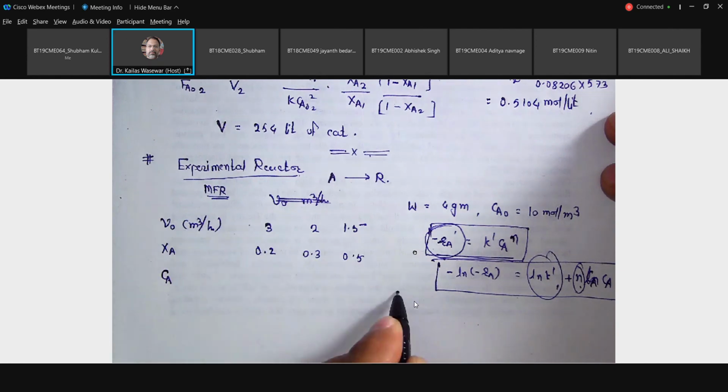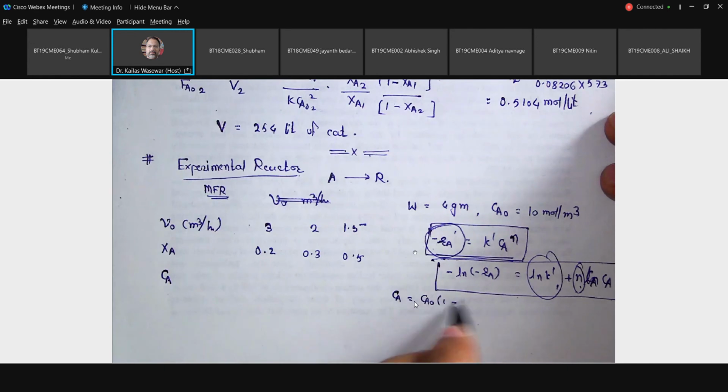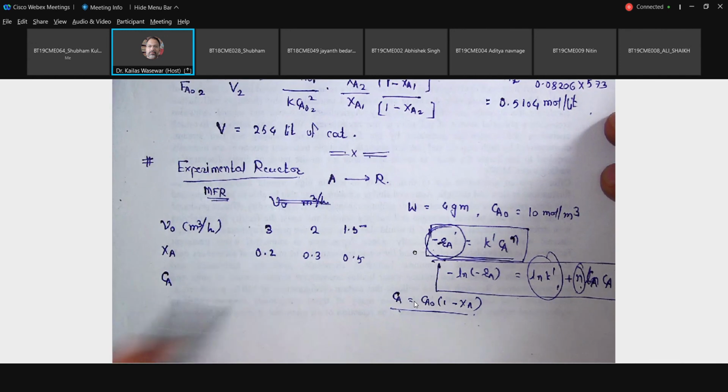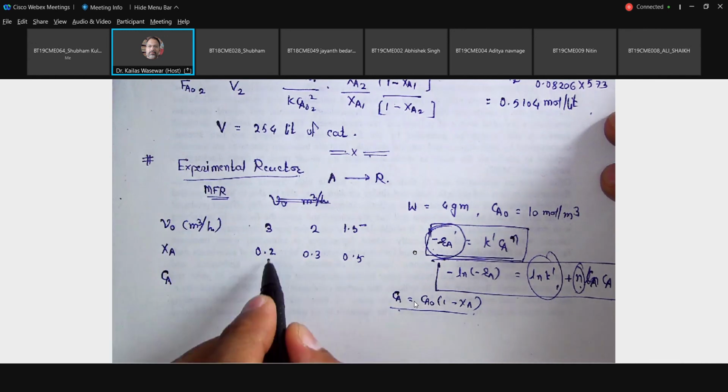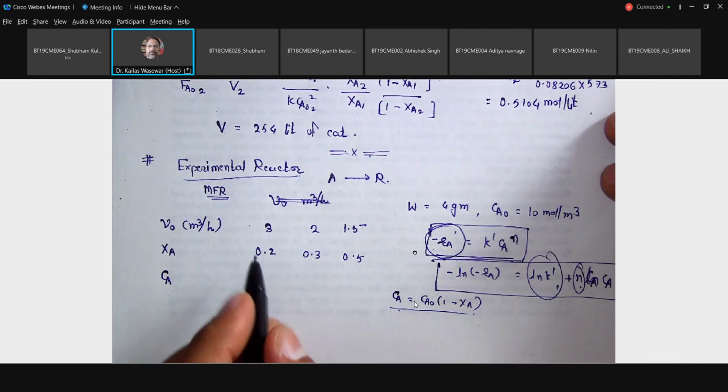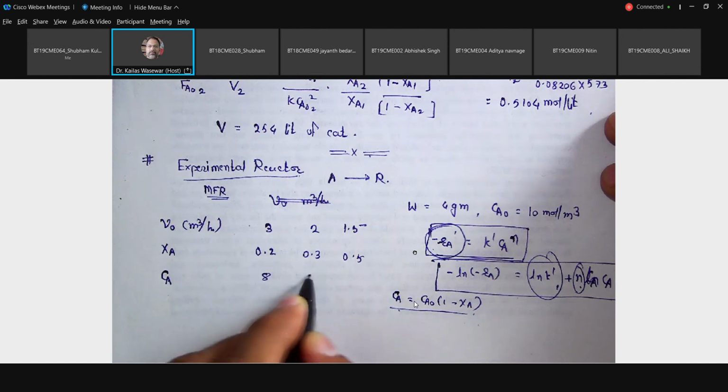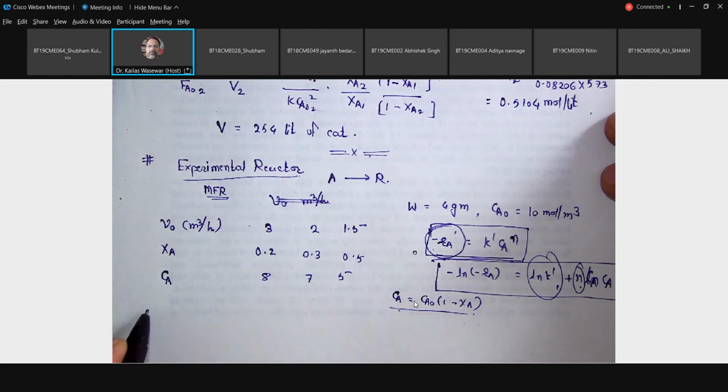Ca is Ca0 into 1 minus Xa. So Ca we can get for various values of this. So 0.8 into 10, that will be 8. So it will become 8, 7, and 5. What about the Ra? It is a mixed flow reactor.